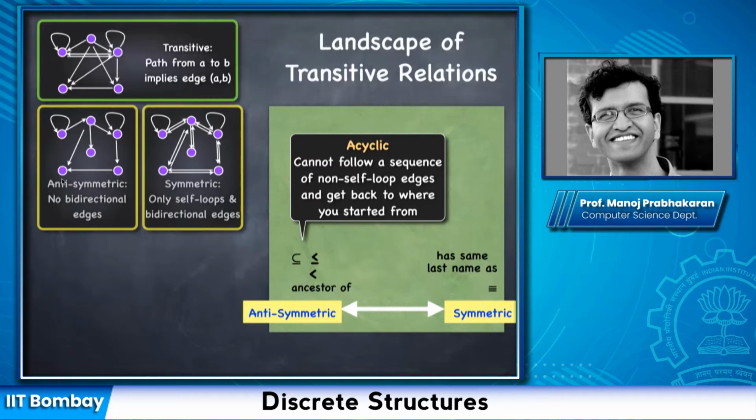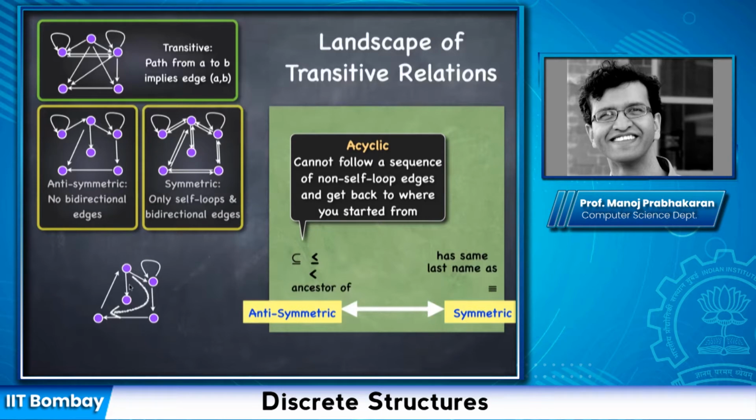So let's quickly prove this. Suppose somebody gives you a transitive antisymmetric relation and claims that it has a cycle. Suppose there is some cycle, as shown here. Then you can follow the cycle starting from any node until you cover every other node just before you get back to this one.